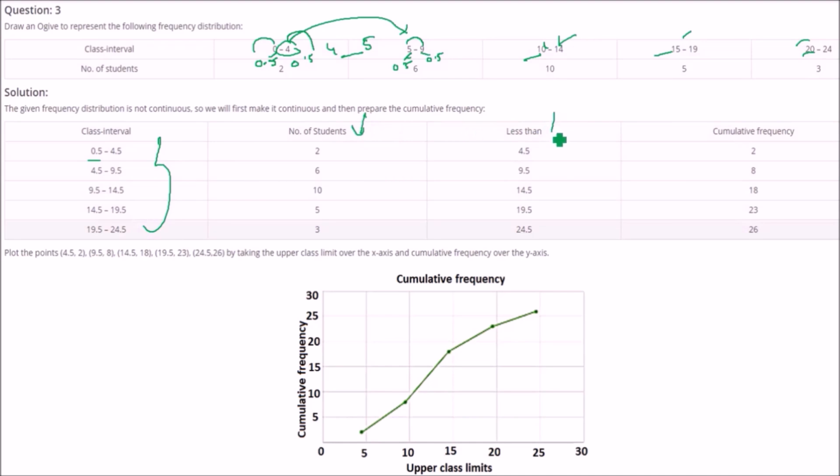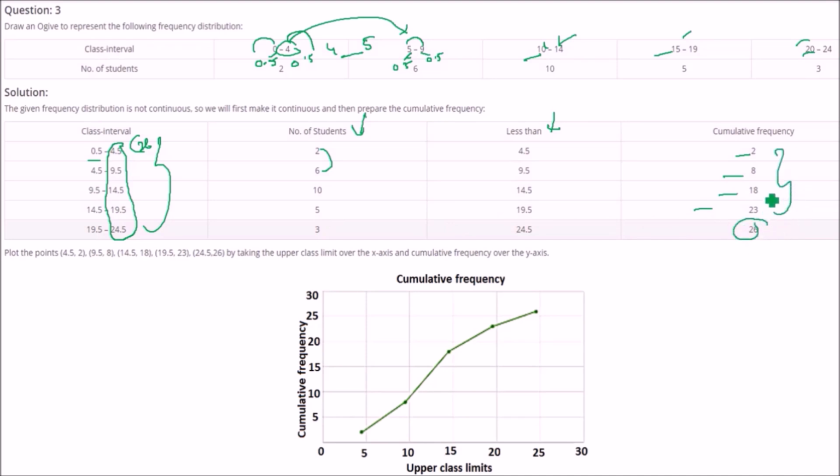The number of students is also given. Now in order to find less than, we have to find less than this value. So this will be our x coordinates. And as I told you earlier, in order to find less than, we have to find the cumulative frequency. So 2 plus 6 is 8, 2 will be here only, 2 plus 6 plus 10 is 18, then 2 plus 6 plus 10 plus 5 is 23, 2 plus 6 plus 10 plus 5 plus 3 is 26.